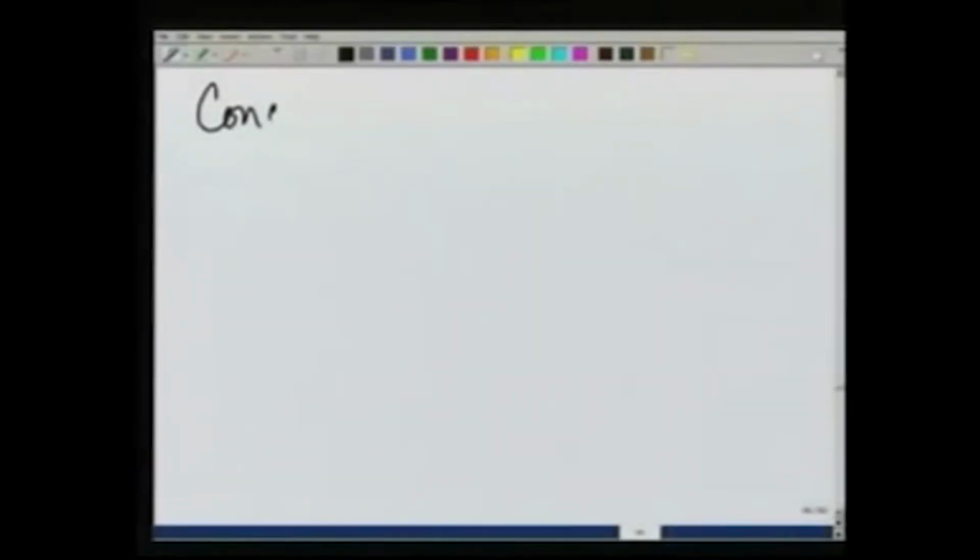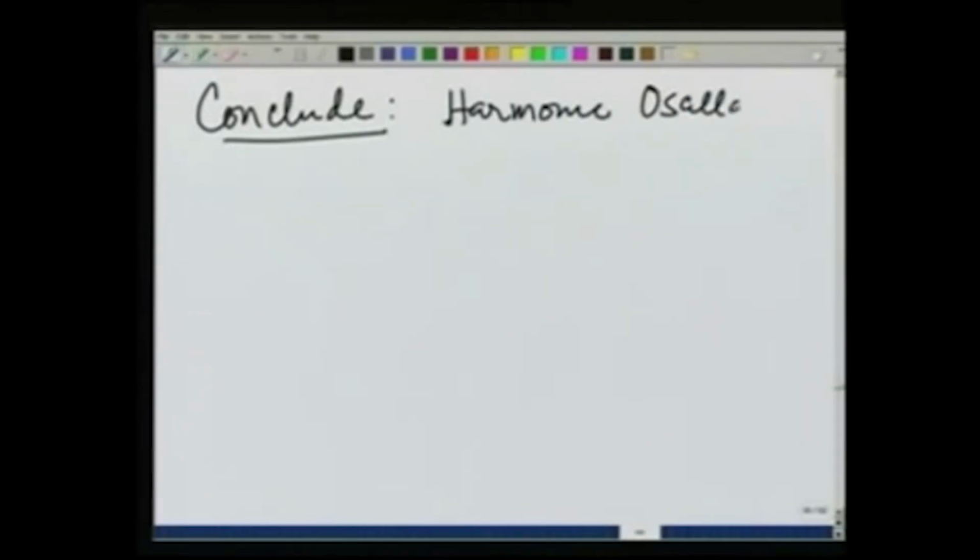So, let us conclude our lectures on the harmonic oscillator. These are some basic ideas about harmonic oscillators. Obviously, this is such a robust model that you can keep doing more and more.